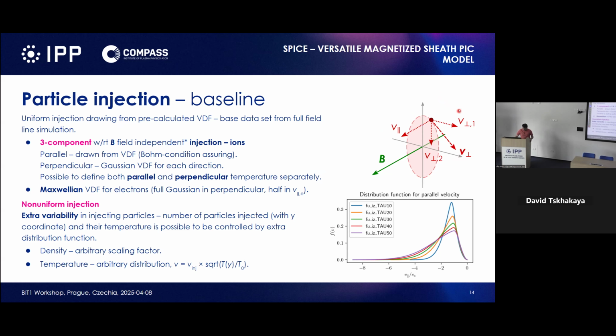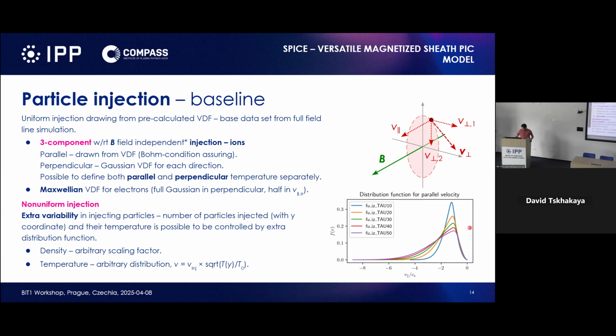Basically, we take the projection to the B field and generate all three components of the velocity. The first two of them, in the plane perpendicular to the field, are basically Gaussian. And the interesting one is the parallel one, which we take from distribution functions calculated by the full sheath or full field line codes, like BIT1.